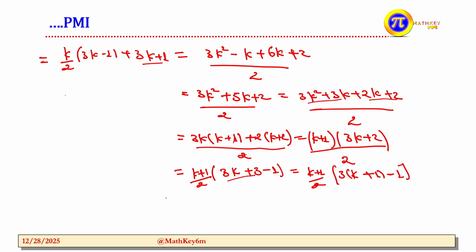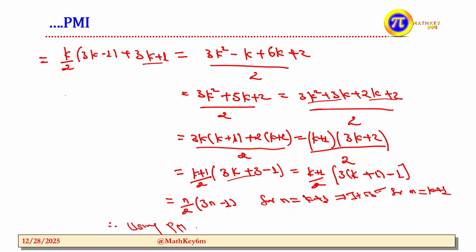So this equals n over 2 into 3n minus 1, where n equals k plus 1. Therefore, it is true for n equals k plus 1, which is what we wanted to show.